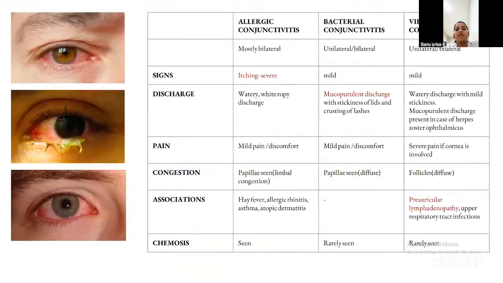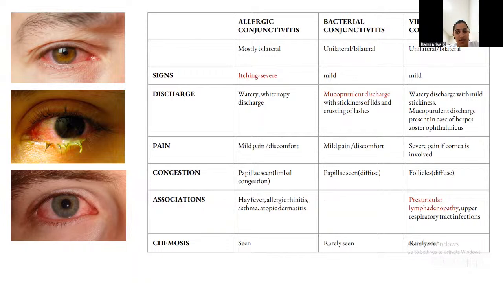So these are the three common types of conjunctivitis which are regularly seen in our clinic. First, allergic conjunctivitis. Itching is the hallmark sign in allergic conjunctivitis, and it could be caused because of hay fever, allergic rhinitis, atopic dermatitis, or asthma. It will have mild pain, and papillae will be seen.